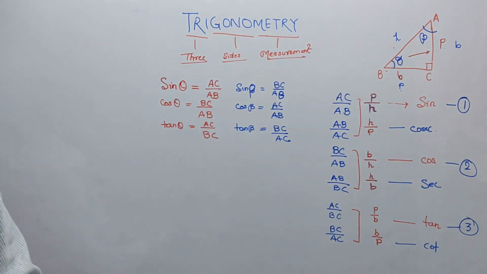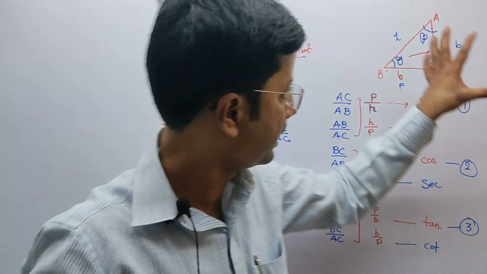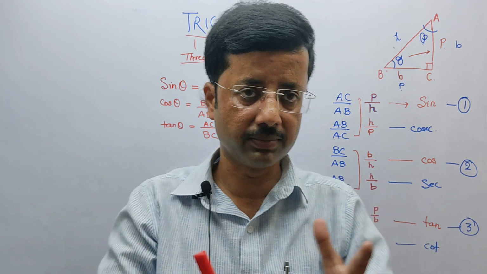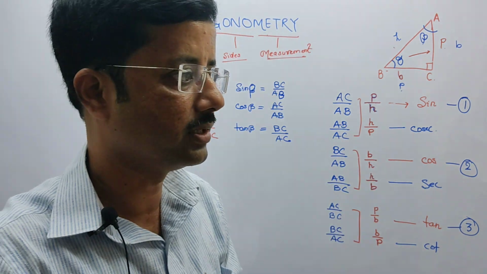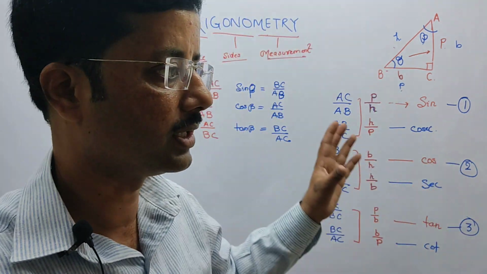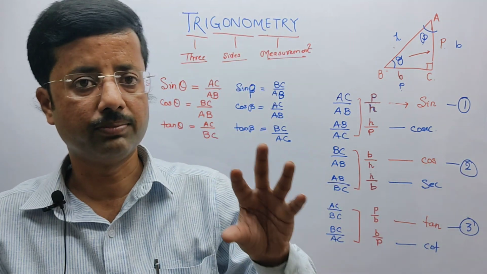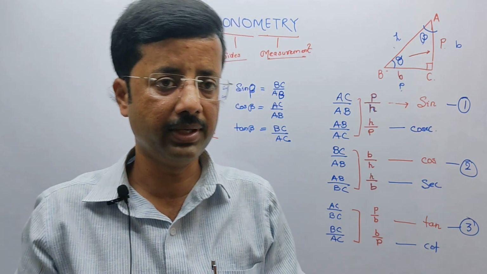Now it looks a little confusing in the diagram when I am taking both theta and beta. You don't need to be confused. In the diagram it looks like that. Just keep in mind that whatever angle you are taking, the side in front of the angle will be perpendicular and the side adjacent to the angle will be the base.